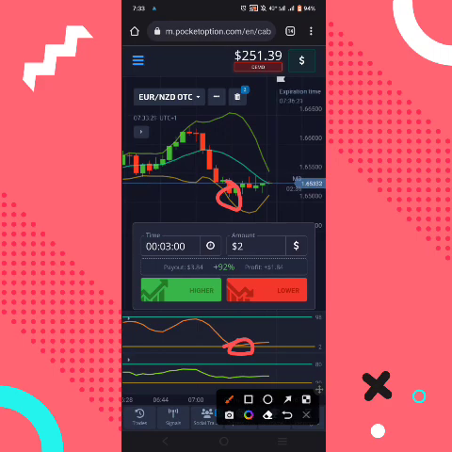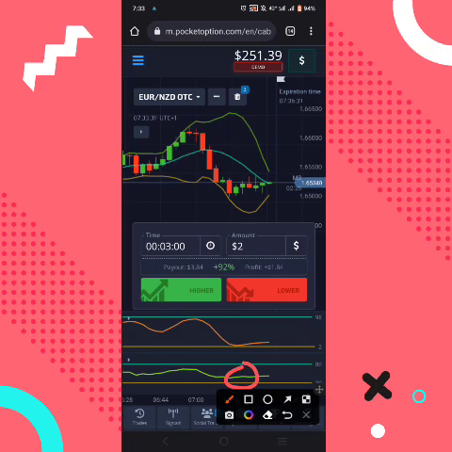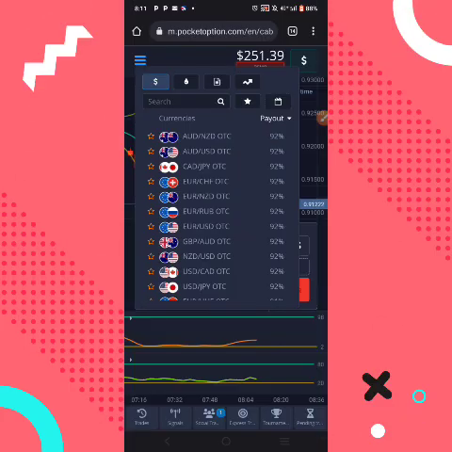Now you expect green, and this could have been a winning trade, but you can see the RSI is not touching. But I advise that you use the 3: Bollinger Band, stochastic oscillator, and RSI. Using the 3 will be much more effective.